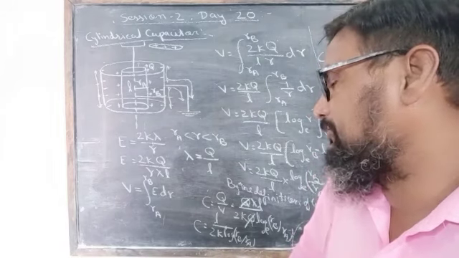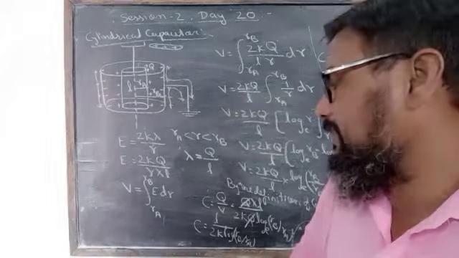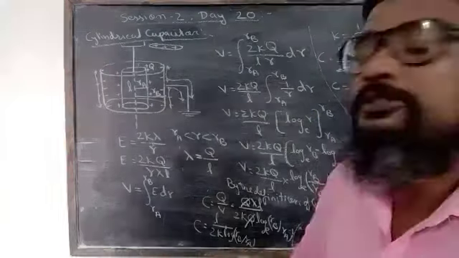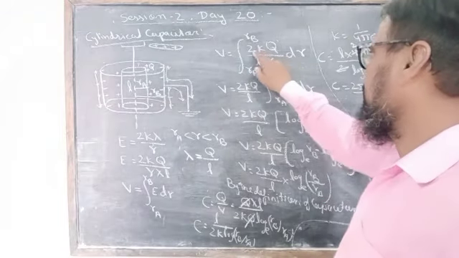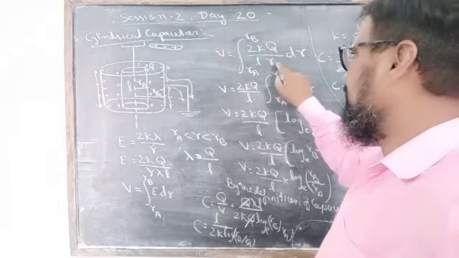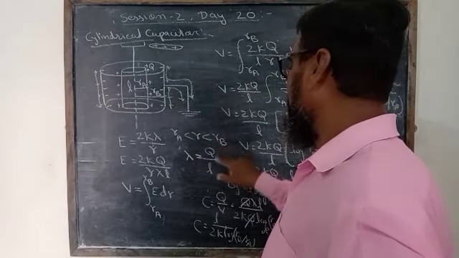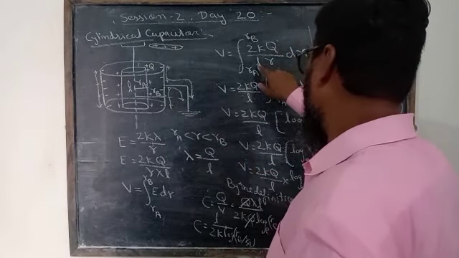So V is equal to integral E dr. Now we put the value of E, 2KQ upon L into R, where lambda is equal to Q by L.